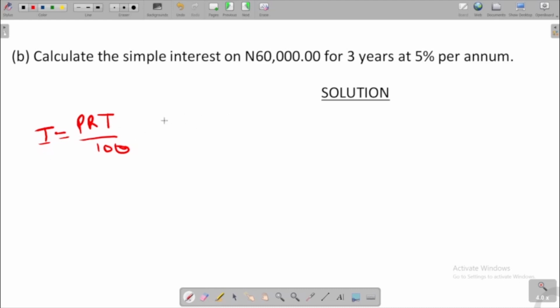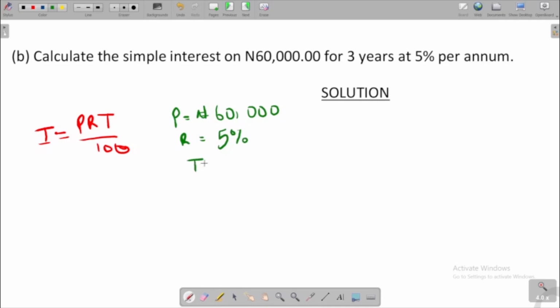In this place, we need to mention what our P is. P stands for the principal. P is 60,000, because it's the money you are starting with. R is the rate, the percentage you are given, so you have 5 percent.